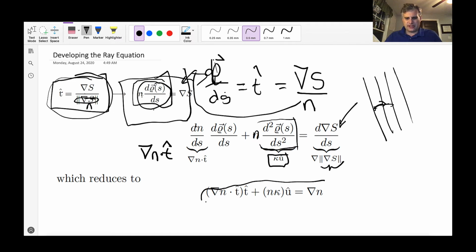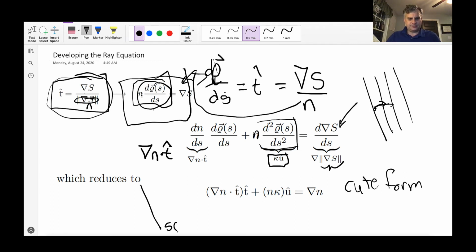So this whole thing can be reduced down to a much cuter form down here, which says that I have an eikonal function as a function of three-dimensional space. Phase is progressing.